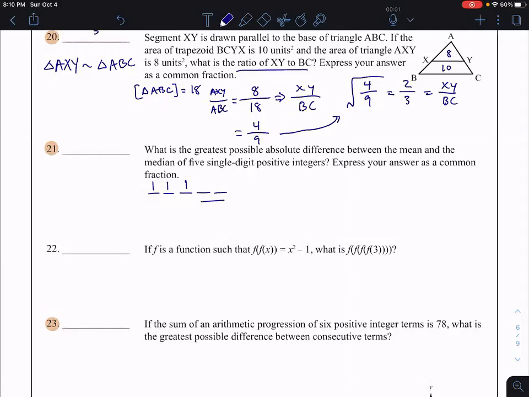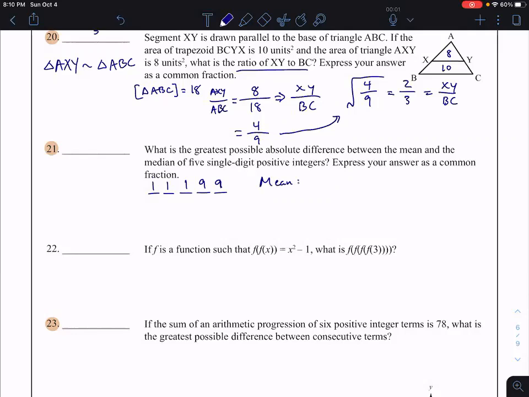Now we just have to find these last two terms. And we want the greatest possible mean. So to do that, we set these two to be as big as possible. And in this case, the biggest digit is 9. Okay. So now we can find the mean.